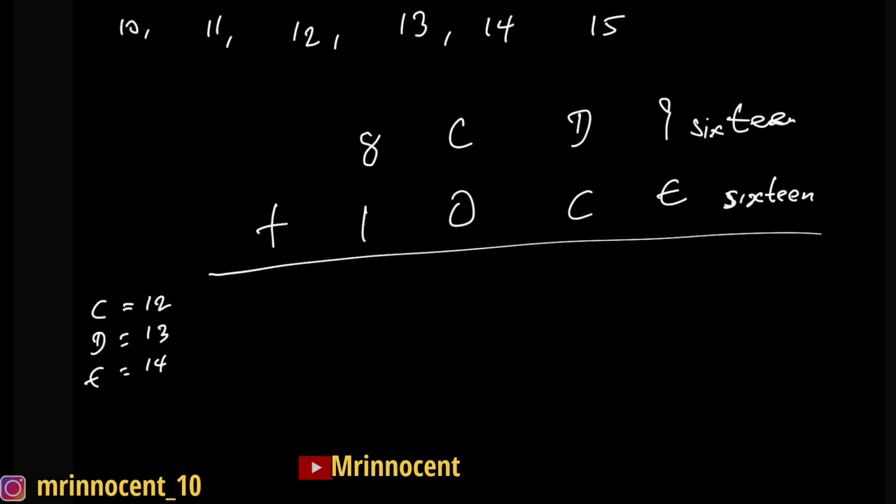So we have 9 plus 14 plus 14 equals 23. 23 in base 16 is 1 times 16, and I have 7.